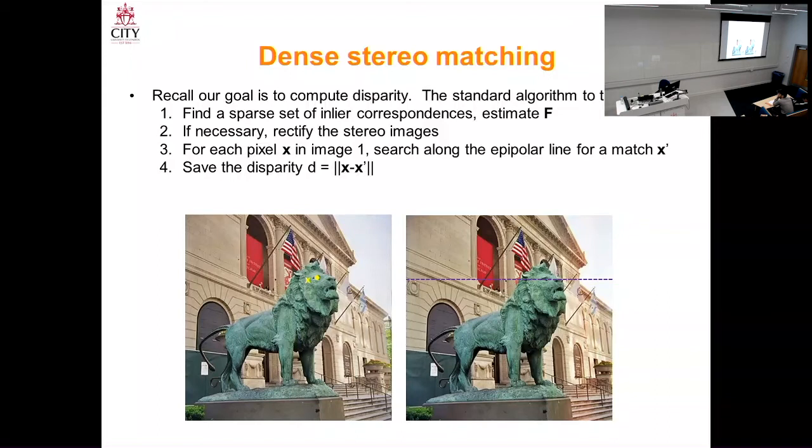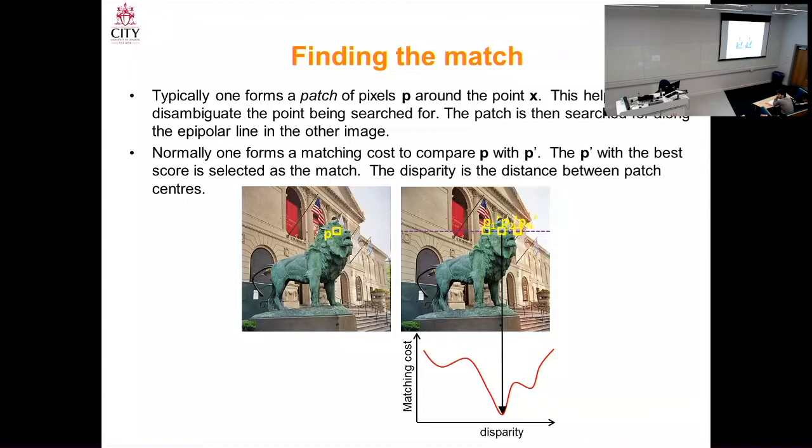Typically you use a patch around the pixel, so it's not the pixel itself, which might be a bit ambiguous. You form a patch around the pixel, and you compare patches. So here, for example, I've got a patch in the left image, which I'm calling P, and in the right image, I'm going to extract all these patches along the horizontal epipolar line.